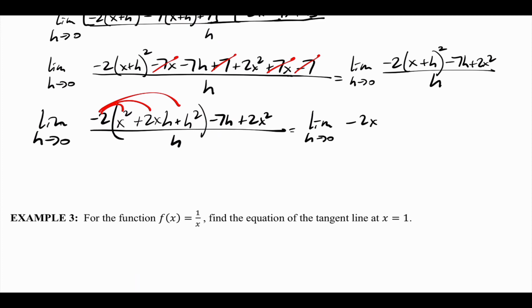So I get -2x squared minus 4xh minus 2h squared minus 7h plus 2x squared all over h.